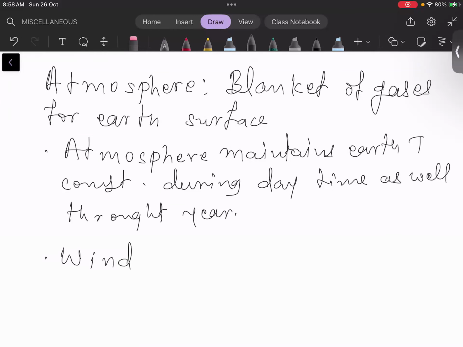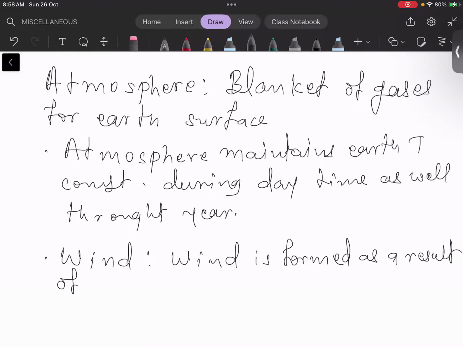So wind is formed as a result of uneven heating of the atmosphere, that is, of the Earth's surface.